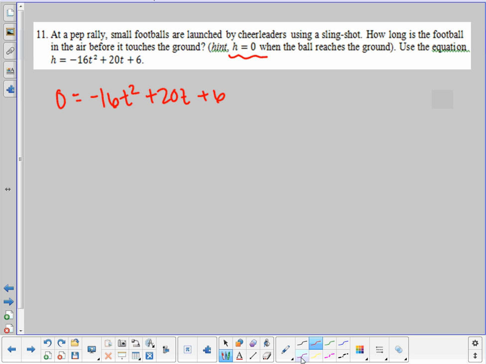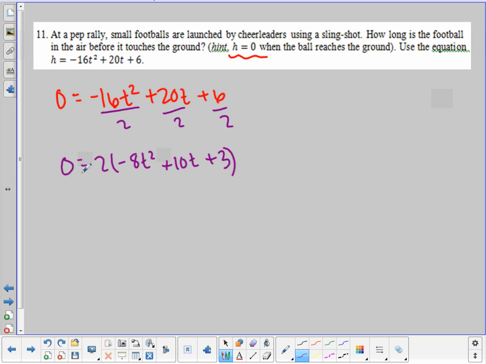Now, when I look at this equation, I recognize that there's a GCF that I can take out. These are all divisible by 2. So I'm going to take a 2 out first, which leaves me with 2 times negative 8t squared plus 10t plus 3. Now, again, really all that taking the GCF out is doing is helping me factor it a little bit easier.